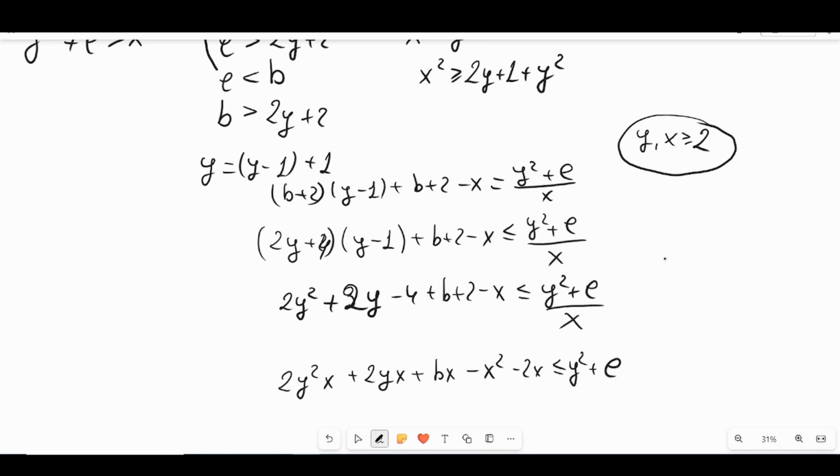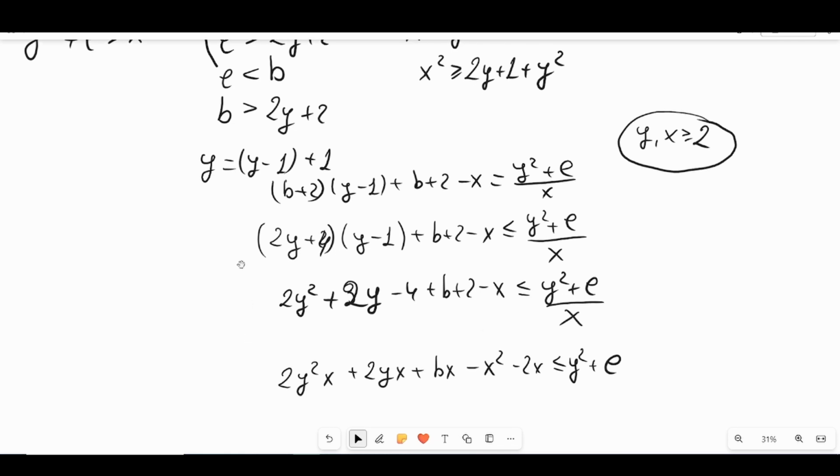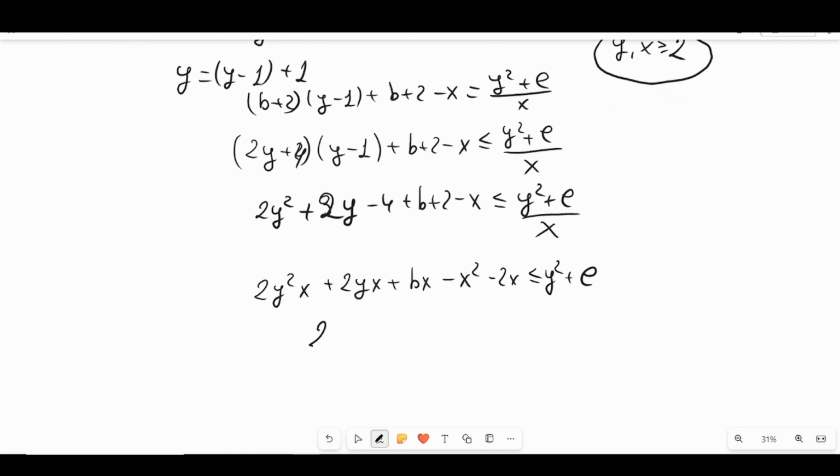Instead of x squared, we can write y squared plus e. So we will decrease the left hand side much more. So we get 2 times y squared x plus 2 times yx plus b times x must be less or equal to 2 times y squared plus 2 times e.